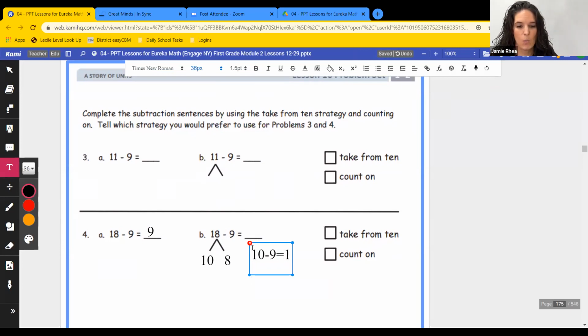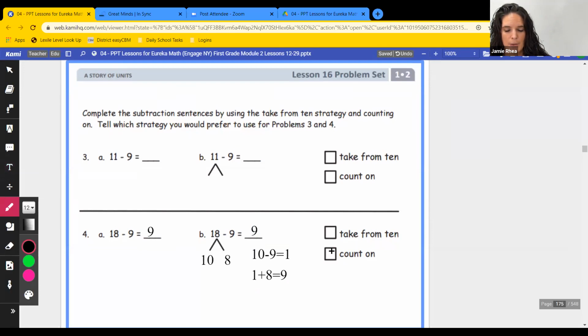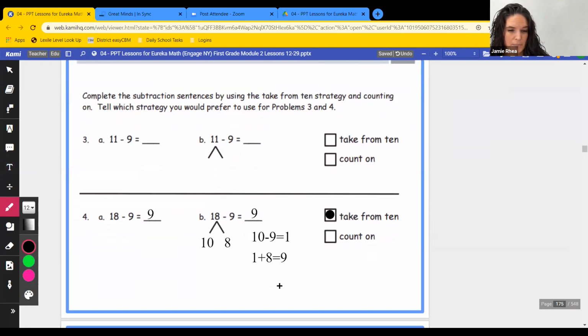And then I can say my 1 plus my 8 equals 9. So my answer is 9. Now, was it easier to take from 10 or count on? For me, it was take from 10. So I'll make a dot there, okay?